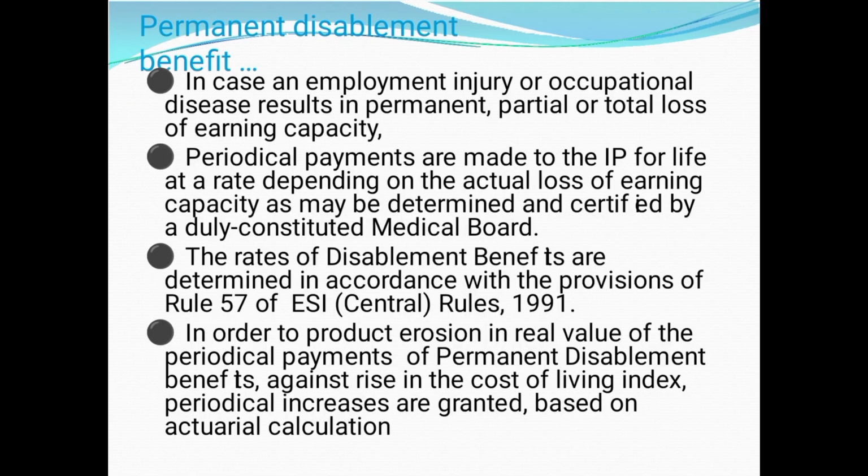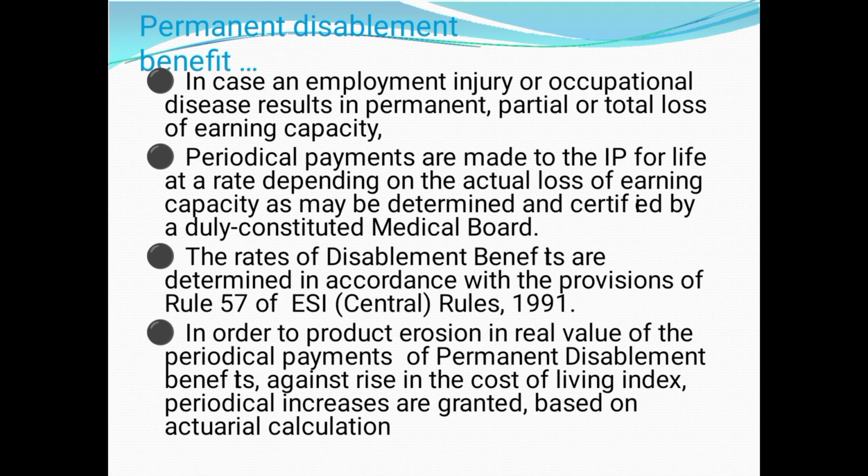Permanent disablement benefit. In case an employment injury or occupational disease results in permanent partial or total loss of earning capacity, periodical payments are made for life at a rate depending on the actual loss of earning capacity as may be determined and certified by a duly constituted medical board.